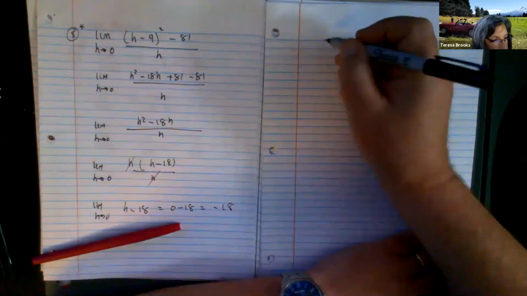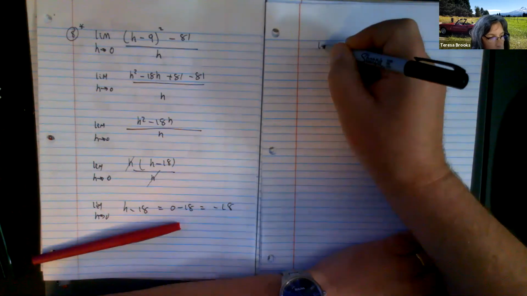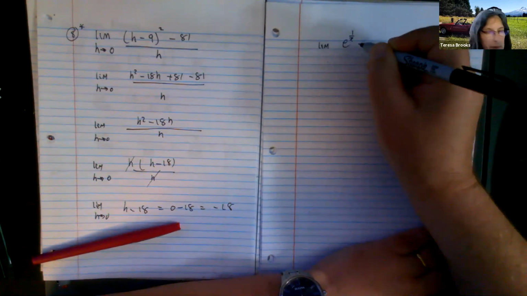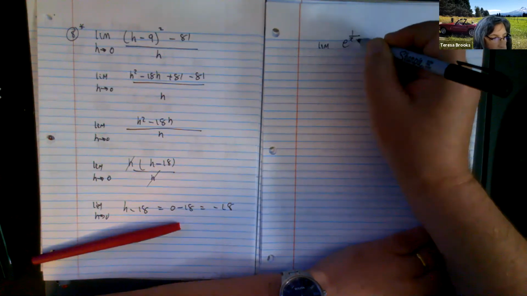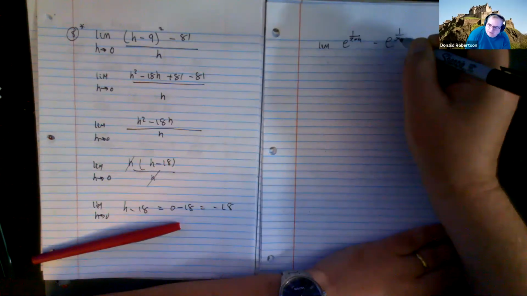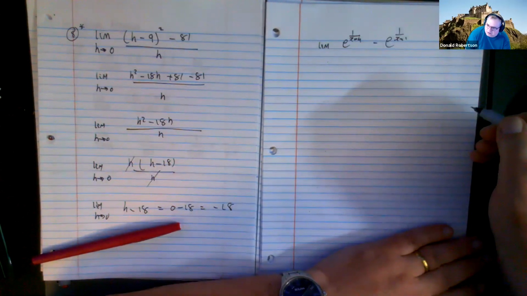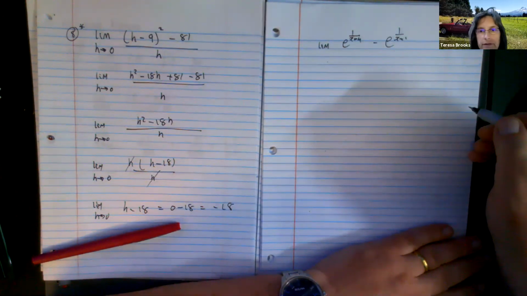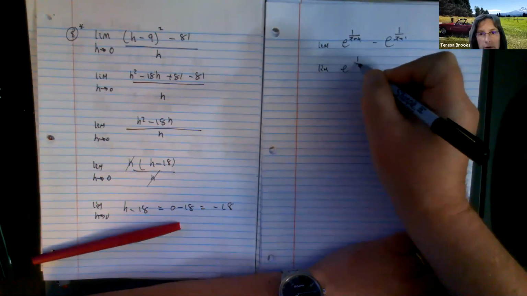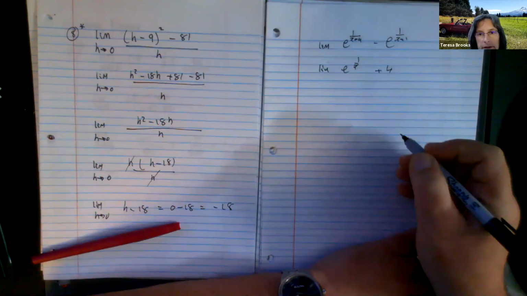It started life as e to the 1 over x minus 4 over e to the 1 over x plus 1. So e to the 1 over x minus 4 on top, like that?